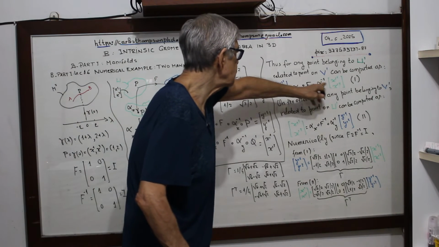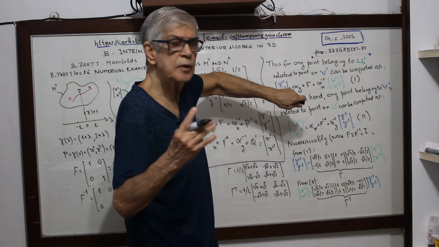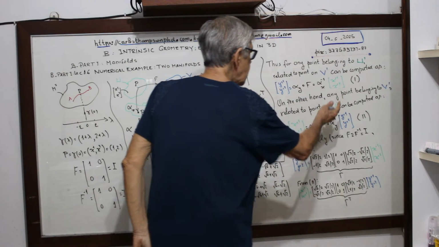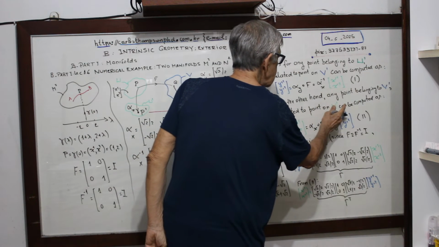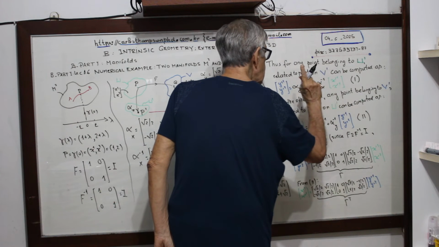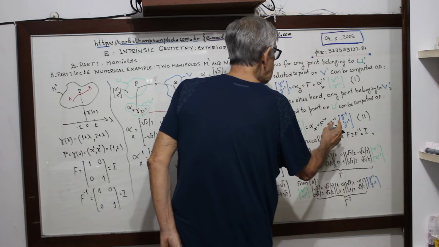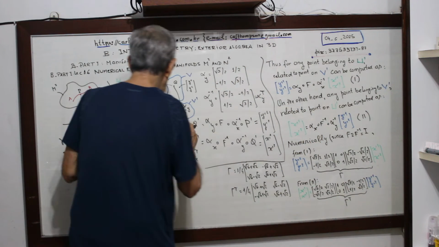So I just substitute, it's quite easy, okay? This is the composition that I derived in the previous video, and on the other hand, any point belonging to V prime is related to a point in U prime. Attention now, here is any point, here is any point, not necessarily Q prime and P prime, as I said.